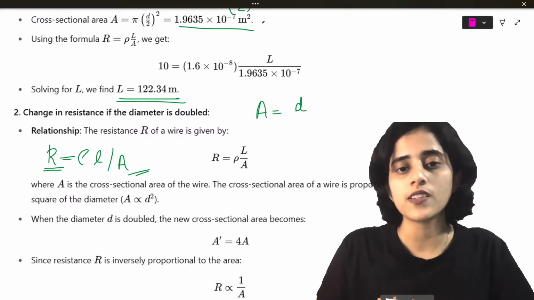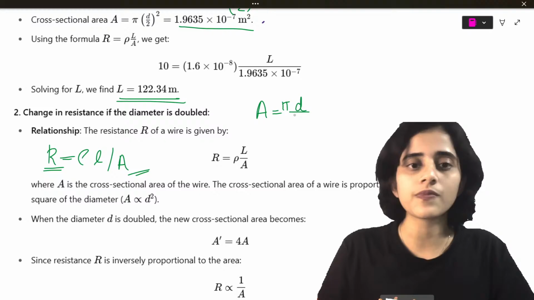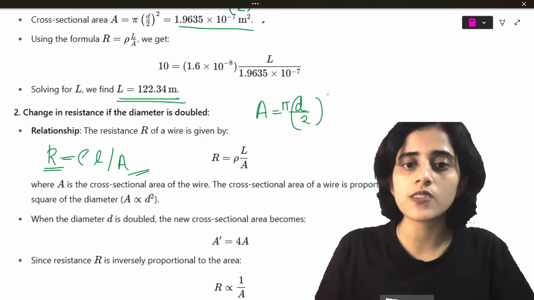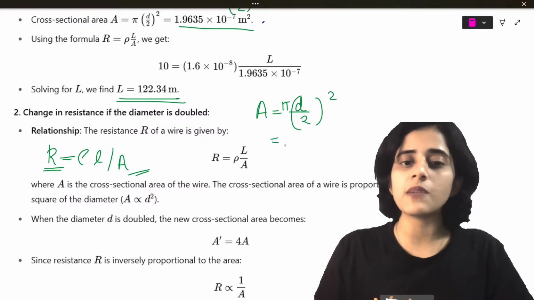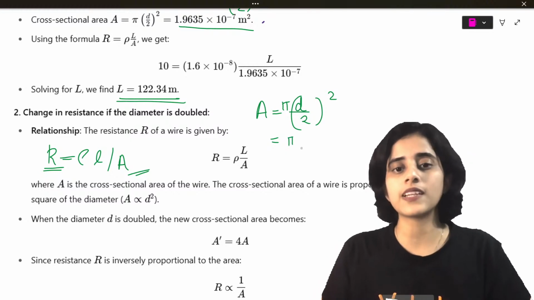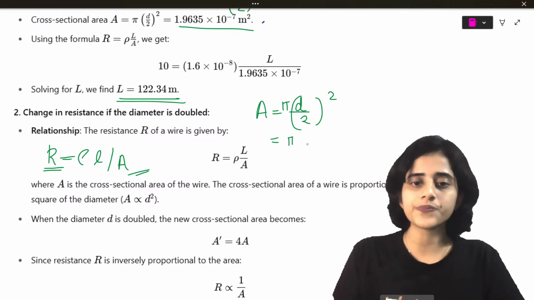Area is π(d/2)². Now, if the diameter is doubled, what will it become? It will become 2d.